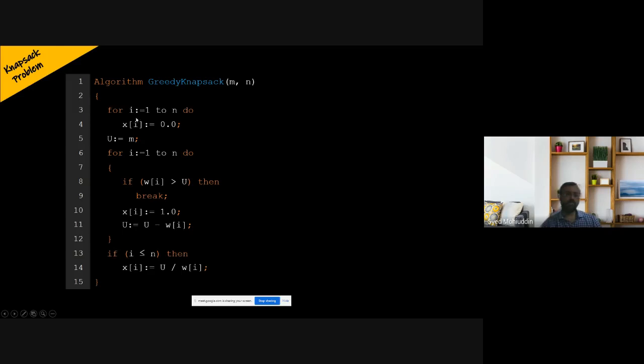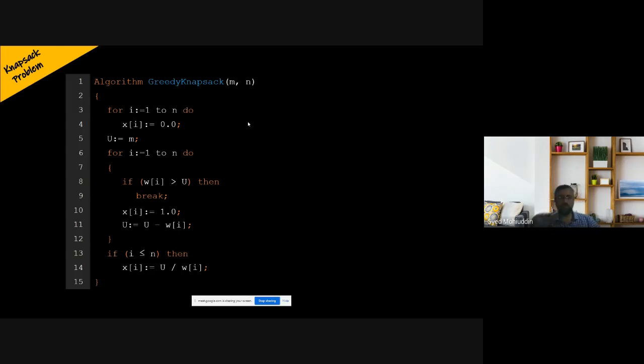Now, the assumption for this algorithm is that the array which stores the objects is sorted in descending order of profit by weight ratio. Only then will this greedy knapsack algorithm work and give us the maximum profit or optimal solution.